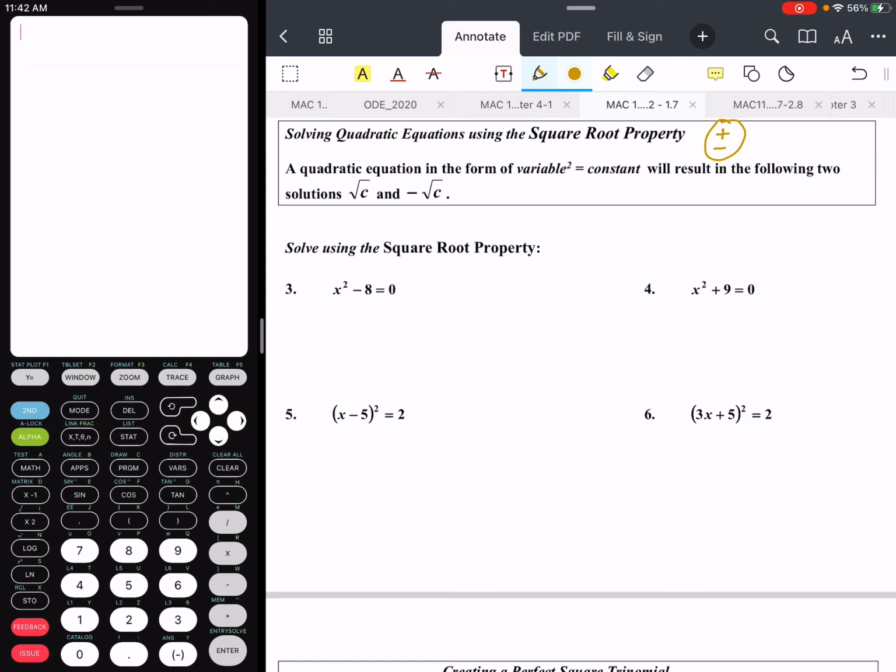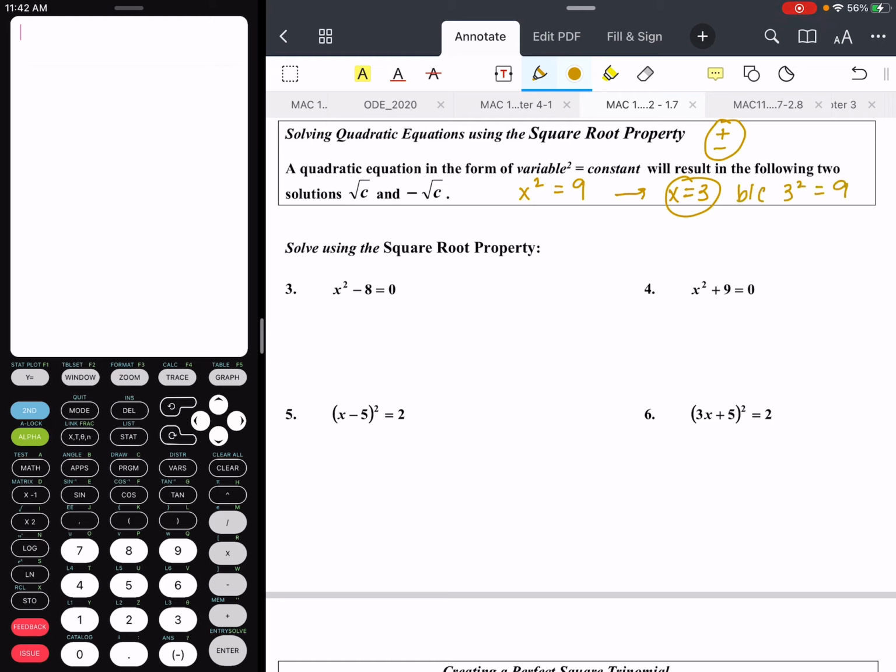The reason that this works, just to give you a simple example, I hope it's simple. If we're solving the equation x squared equals 9, what does x equal? Well, everybody's going to say x equals 3, and you're totally right, because we know 3 squared equals 9.